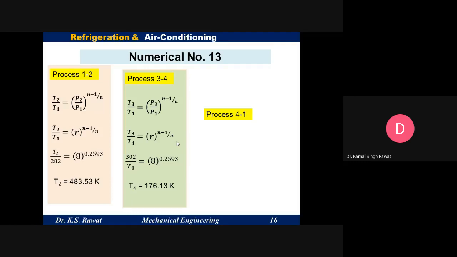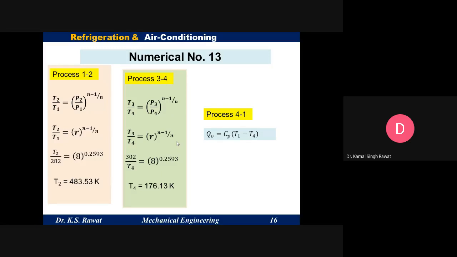Okay. So in process 4 to 1, the refrigeration effect is produced, and we can write the refrigeration effect Q naught equals Cp (T1 minus T4).